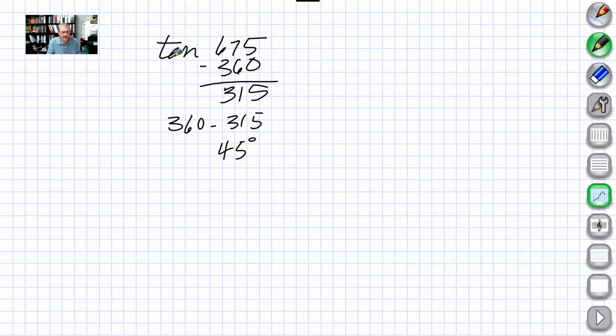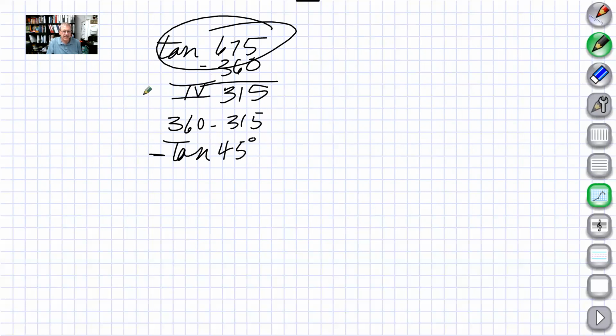So basically the tangent of 675 is the same as the tangent of 45, except it's going to be negative because it's in the fourth quadrant, and the tangent is negative there. So what is the tangent of 45? Tangent of 45 is radical 2 over 2, and it's going to come out negative because we know where it's at. Did I get it right? 315.